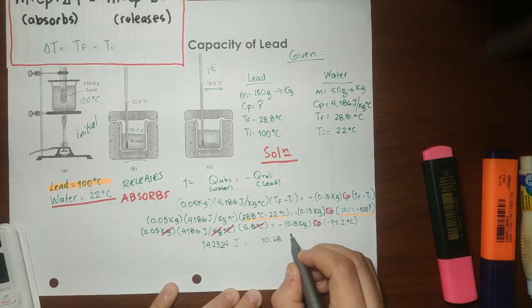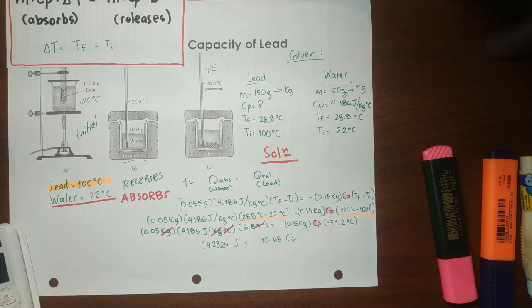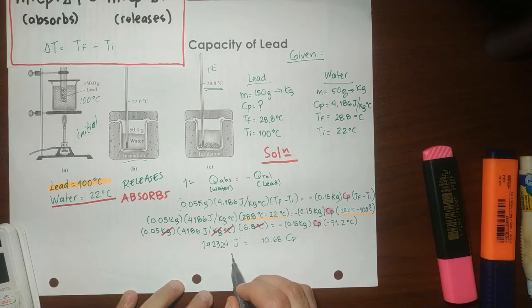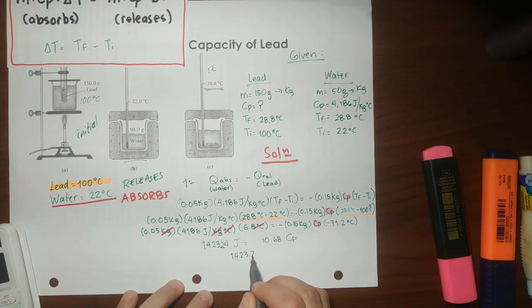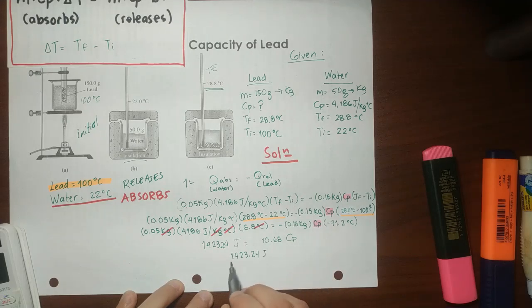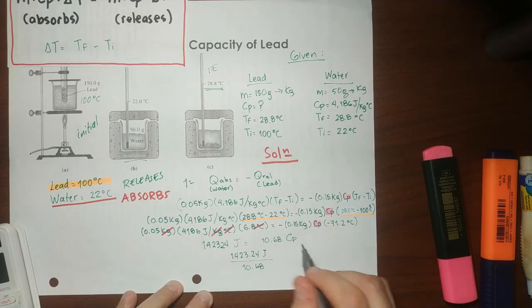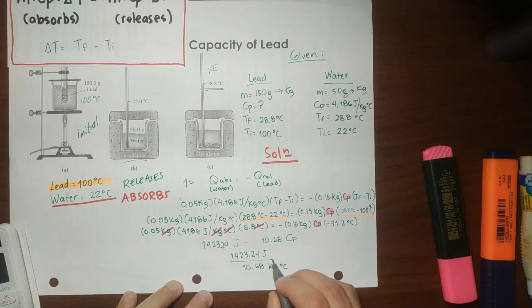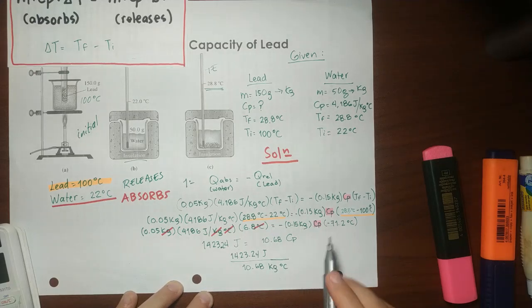So this gave me 10.68 CP. Now, I want to isolate specific heat capacity, so this 10.68 is multiplying, so I'm going to send it to the other side, dividing. I'm going to have 1423.24 joules divided by 10.68. Now, in what unit is this? Kilogram Celsius. If you take a look, these two are multiplying.